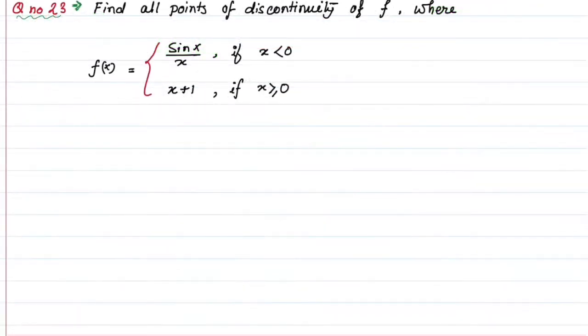Let us solve question number 23. Find all the points of discontinuity of the function f, where f of x is equal to sin x by x if x is less than 0, and it is equal to x plus 1 if x is greater than or equal to 0.